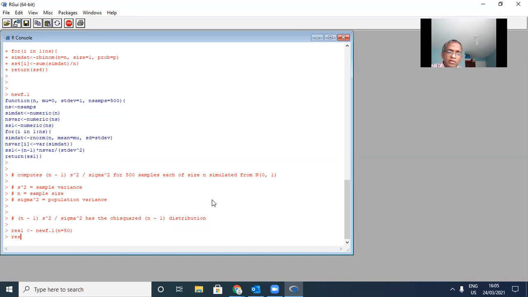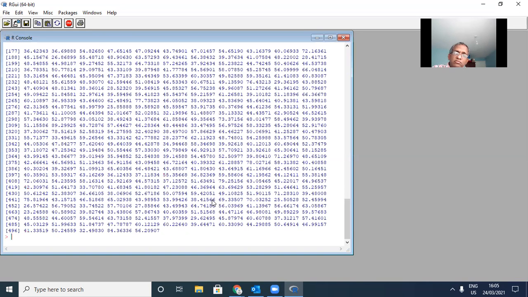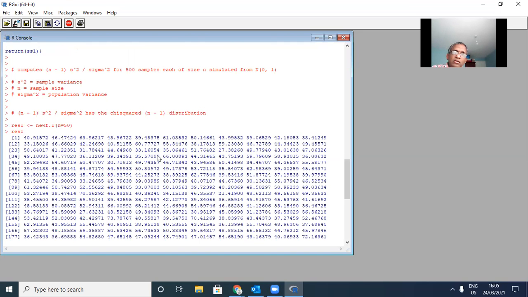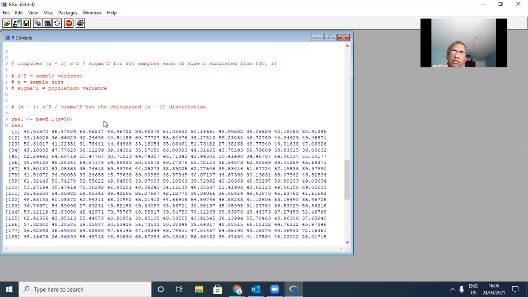Now, if you type res1, you see there are 500. I have simulated 500 values of this statistic with n equal to 50. And these are the 500 numbers. Now, what I want to show you is that the distribution of these 500 numbers is the chi-square distribution with n-1 degrees of freedom. Right?